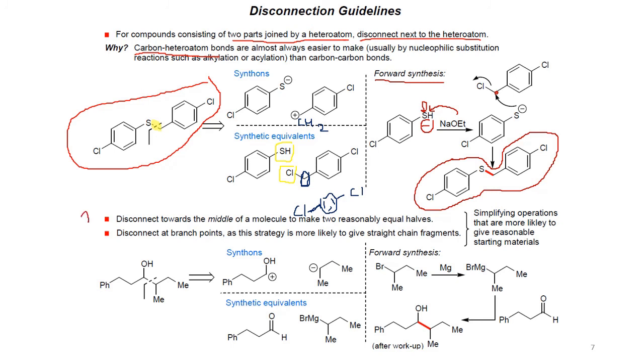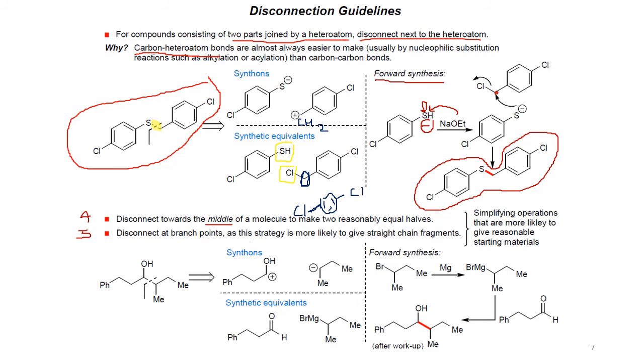The fourth strategy is you can also disconnect towards the middle of a molecule to make two reasonably equal halves. Or number 5, you can disconnect at branch points.